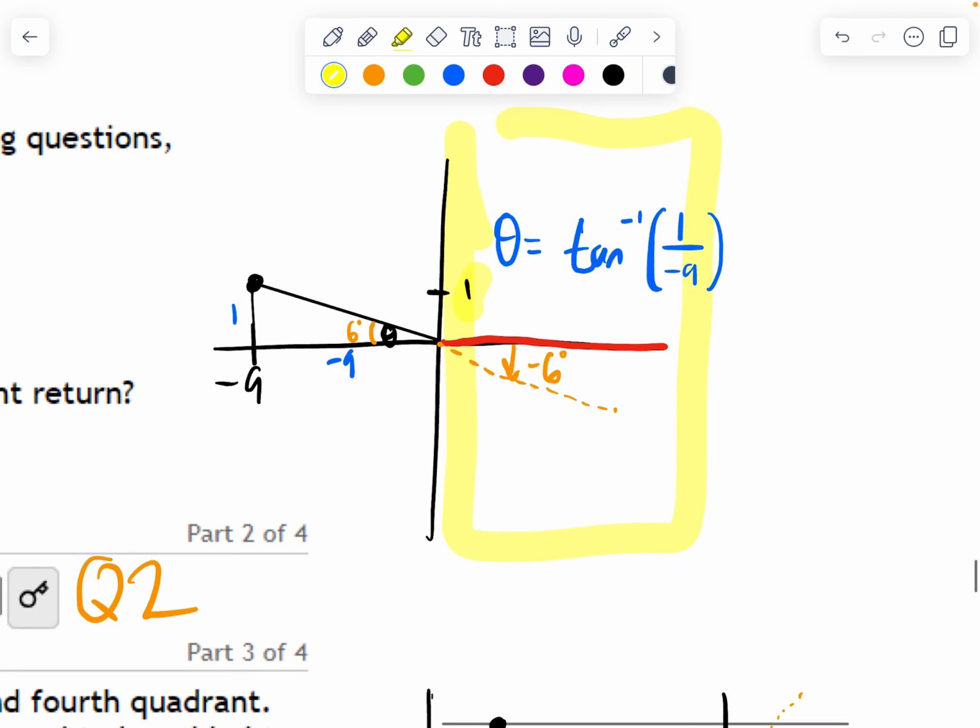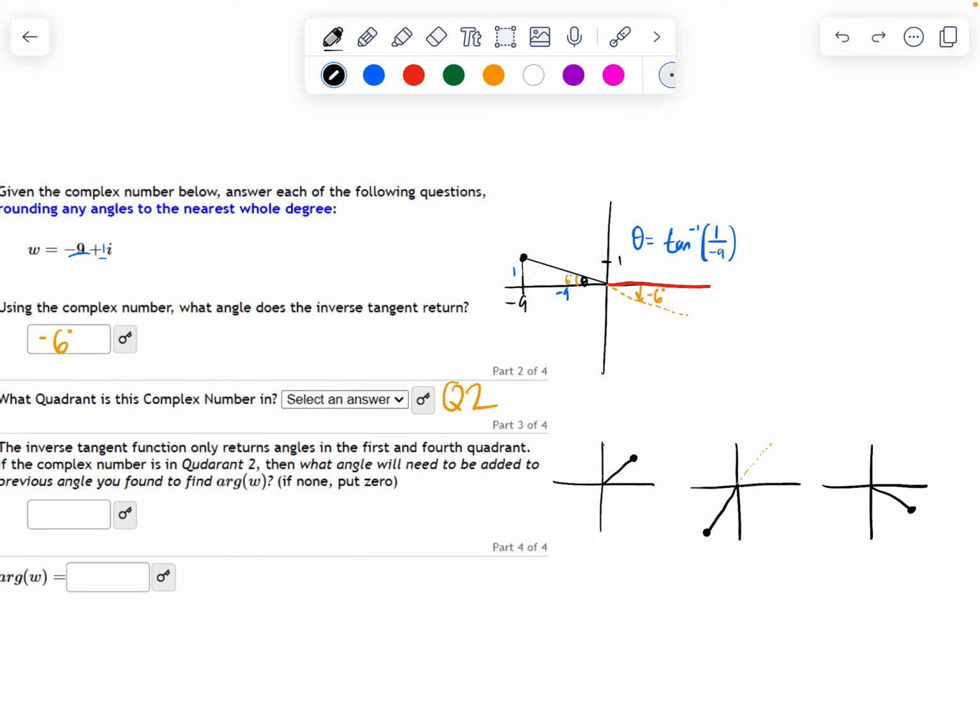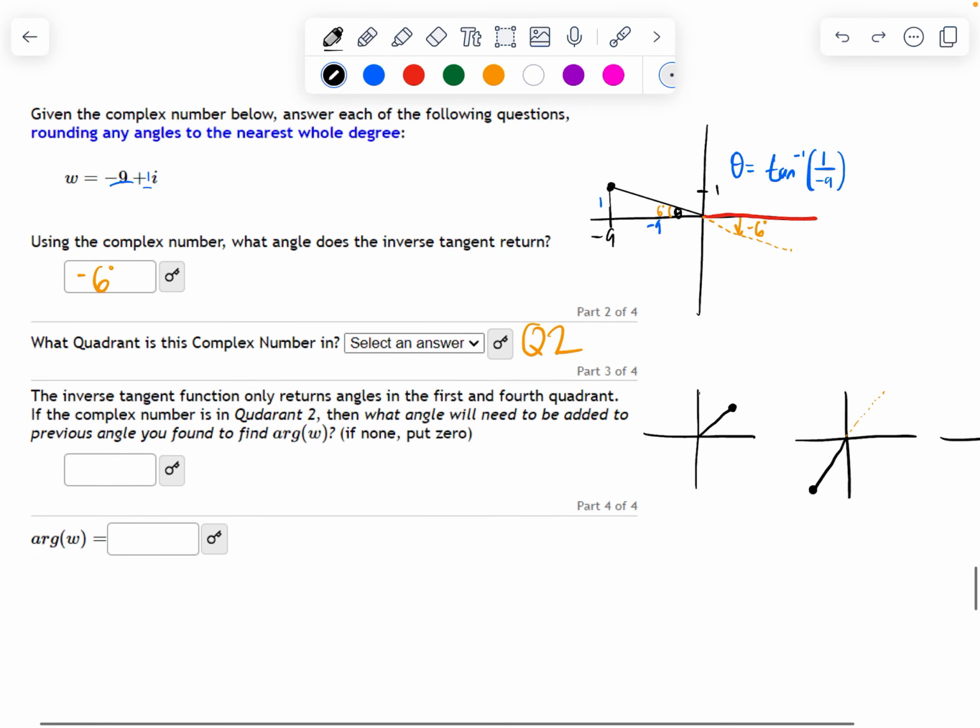That's why we were given negative 6 degrees, because it will go a maximum just under 90 degree rotation, either up or down. Inverse tangent will not return anything in the second or third quadrant. We're in the second, so we've got to be careful. That's why we graph the complex number or know where it's supposed to be, because that helps us figure out, okay, it's negative 6 degrees, but we're not in quadrant 4. We are definitely in quadrant 2.